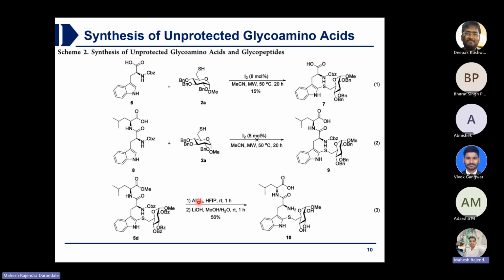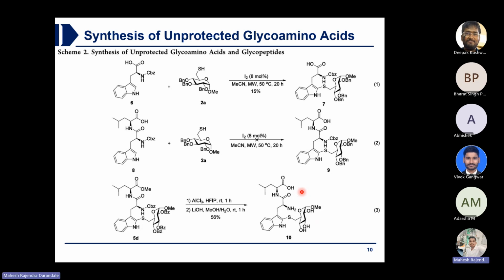So in the presence of AlCl3, they deprotected this CBZ group and getting this NH2. And in the presence of lithium hydroxide, methanol, water, they are deprotecting this ester group into the acid and these benzyl groups. So they are getting here protecting group free compound.